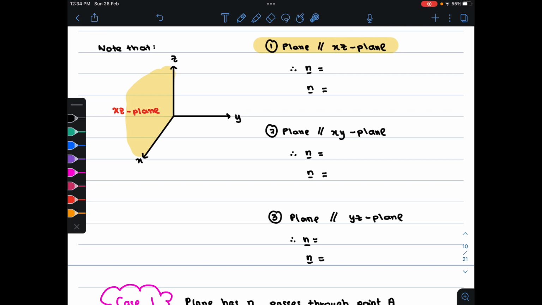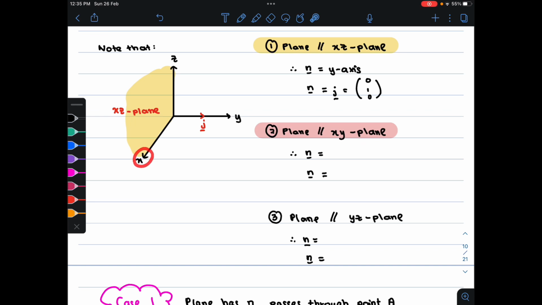So we need to find the normal vector of the XZ plane, which is here. Therefore, the normal vector will be along the y-axis. And we know that along the y-axis, the unit vector is j, which can be rewritten in the form of 0, 1, 0, since j means 0i plus j plus 0k.